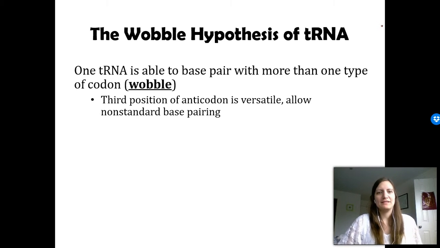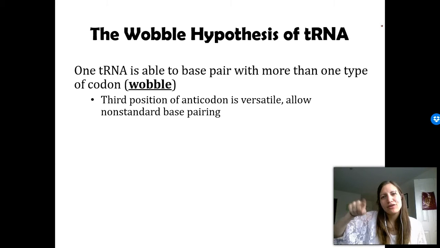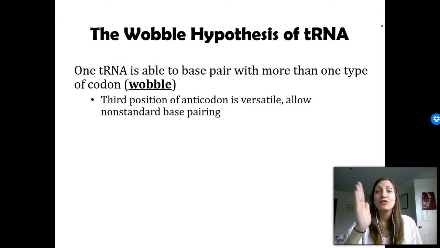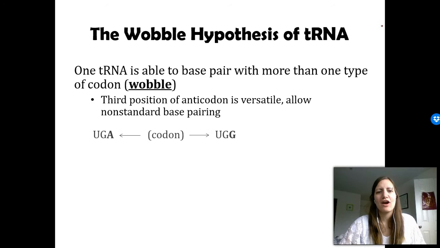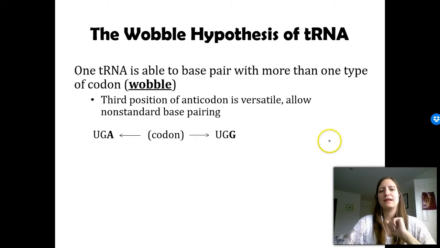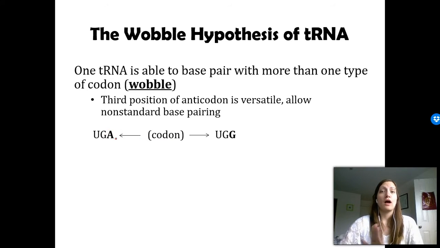Let me give you an example, thinking about that third position of the anticodon. Remember when we were talking about silent mutations, that if the third nucleotide in a codon was a different letter, sometimes it would code for the same exact amino acid. Well, the same is true with tRNAs. We have 2 different codons here from mRNA.